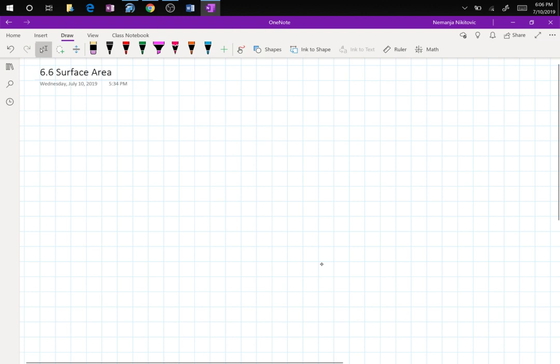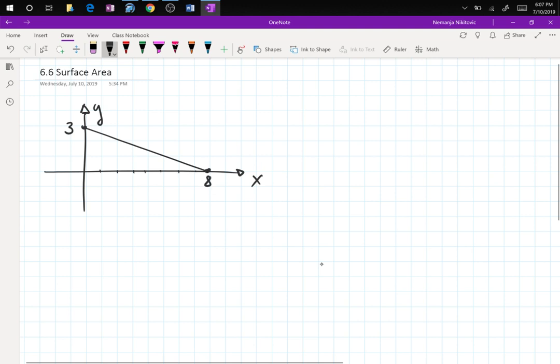So what we have now is, let's say, we can talk about a cone, for instance. If you have this linear line which creates this triangle in the XY plane, you call this 3, call this 8, and you rotate this around the x-axis, you will create a cone of height 8 and radius 3.